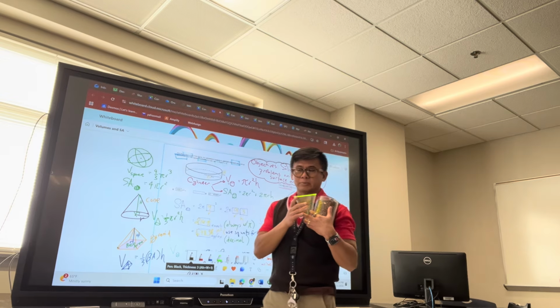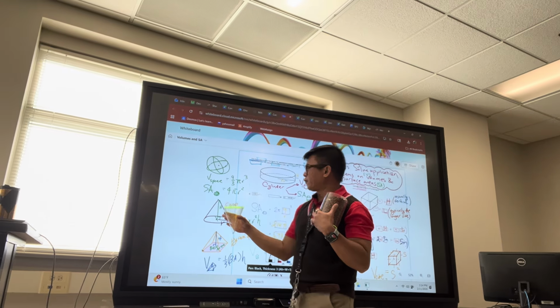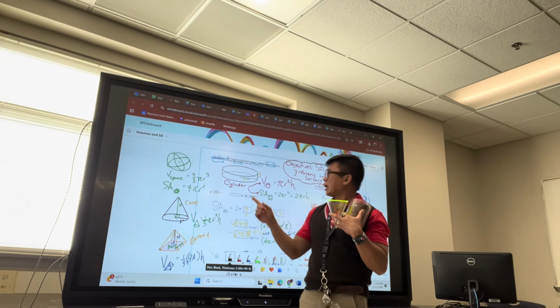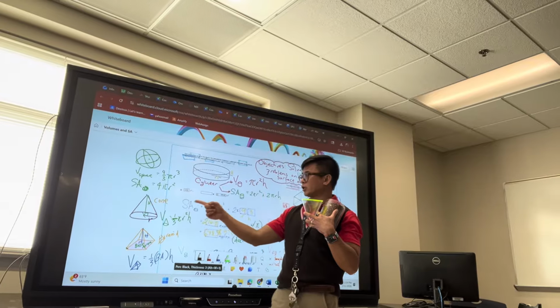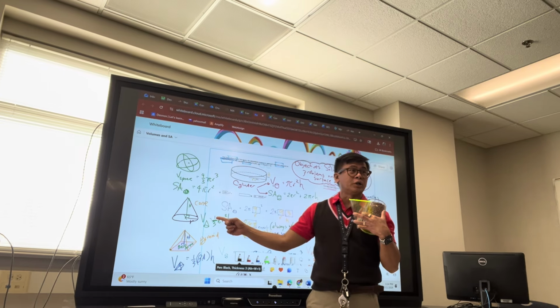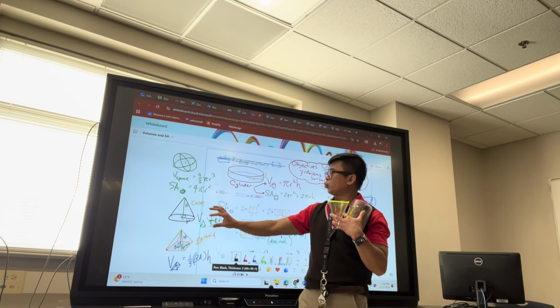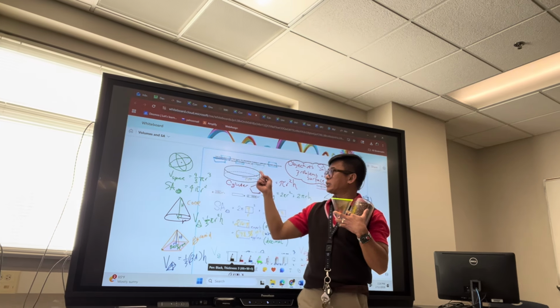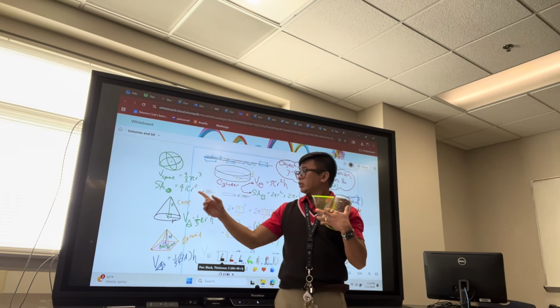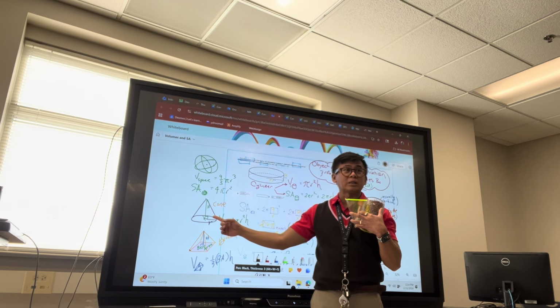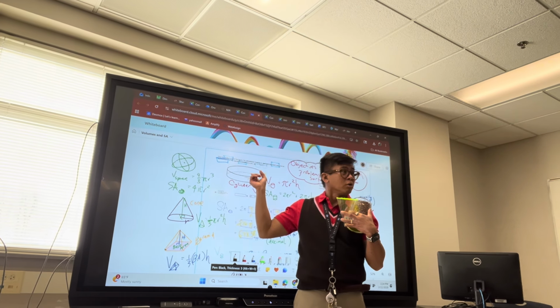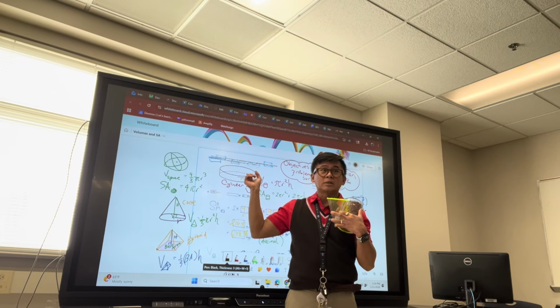However, for the cone, the formula is 1/3 of its cylinder counterpart. In short, if you have a cylinder and a cone with the same height and the same circular base, the cone will be 1/3 of the volume of that cylinder.